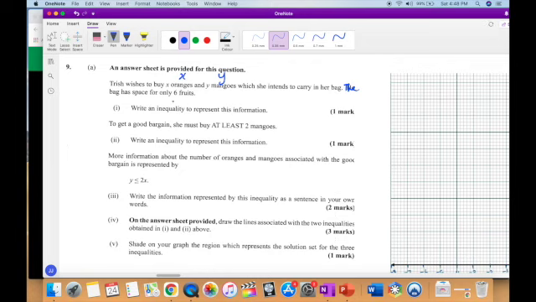The bag has space for only 6 fruits, and we need the inequality representing it. So in the bag, I could put x plus y, but it only has space for 6. So I can't put more than 6. I could put less than 6, but 6 is the greatest amount that I could put.